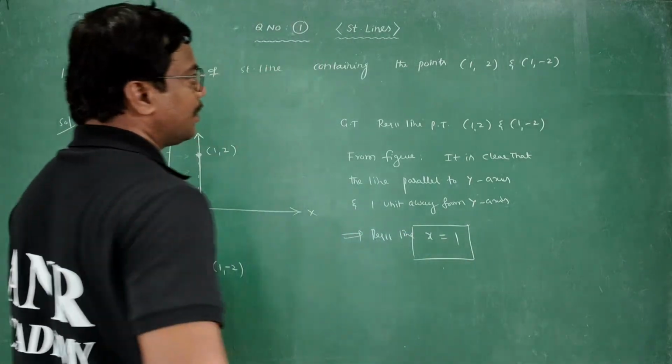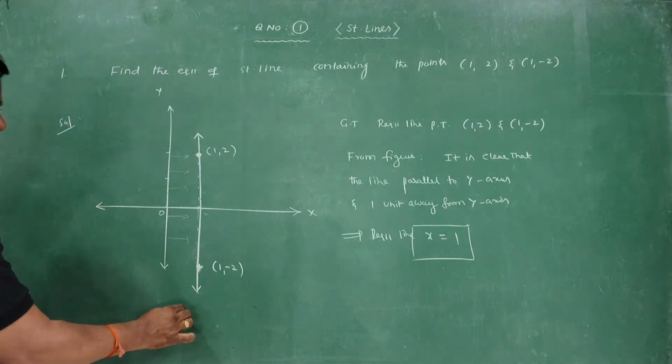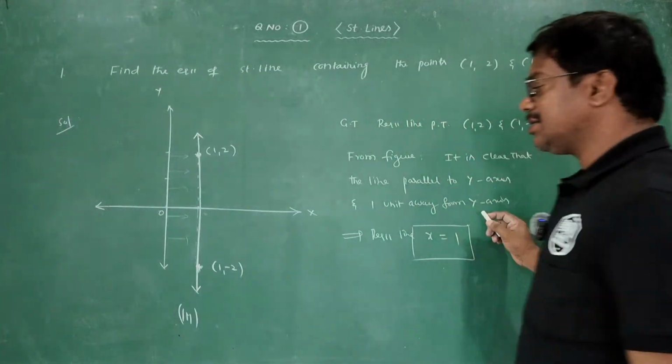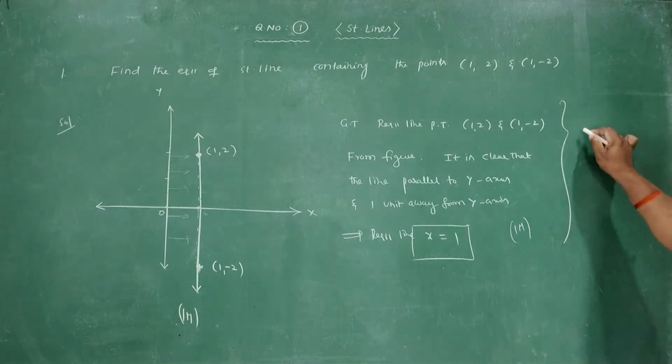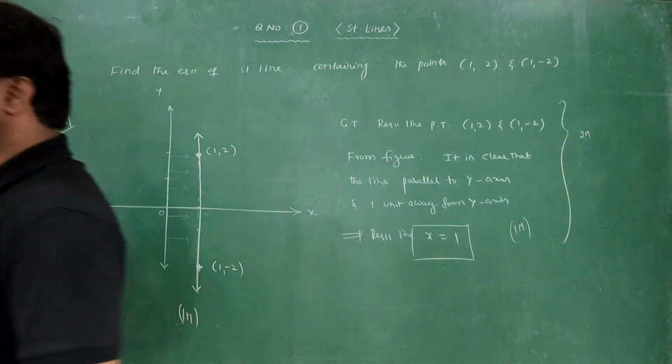That's all. This is a 2 marks question: for this diagram you will get 1 mark, and for this explanation and your final answer you will get another mark. Next, let us discuss the second one.